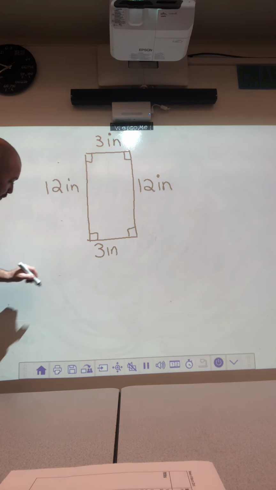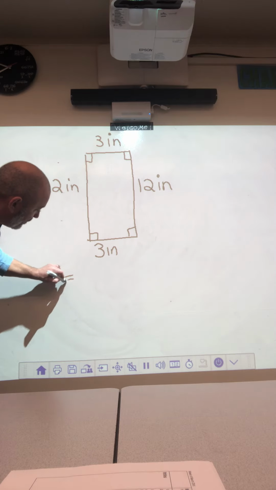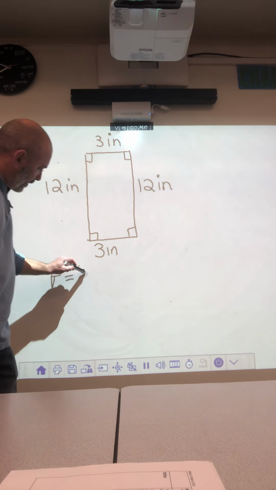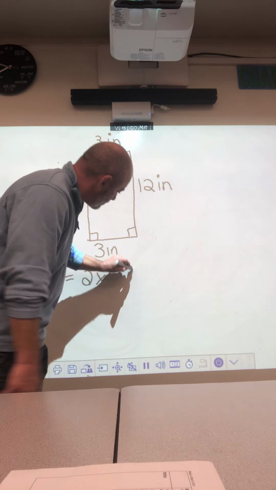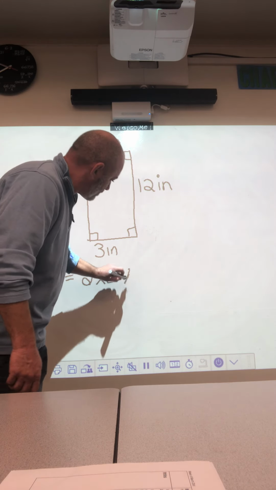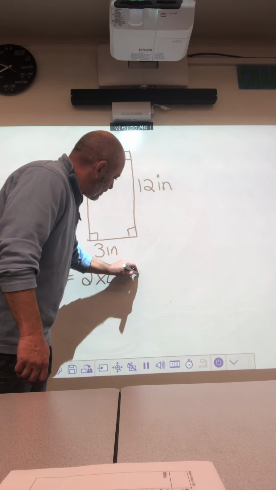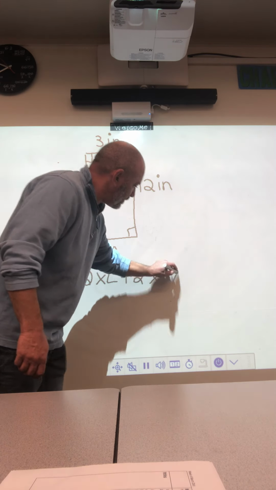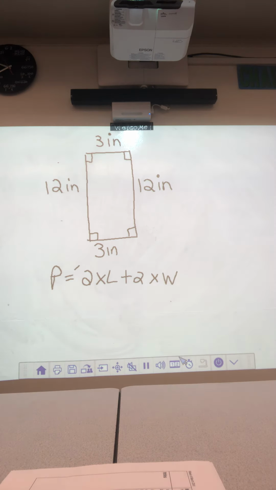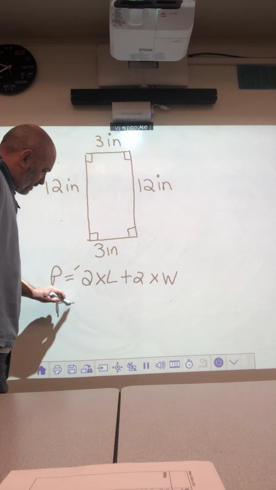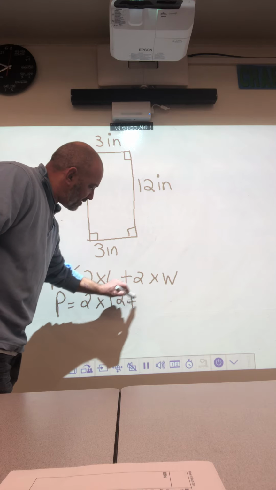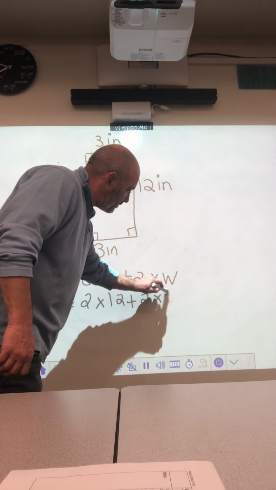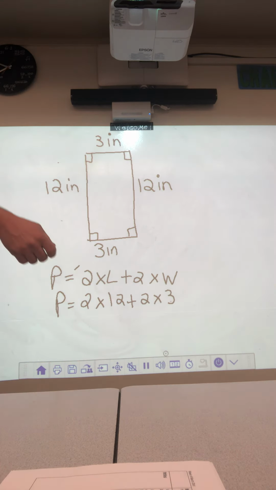So again, we're finding perimeter. P equals perimeter, and we're going to write out our formula again. 2 times the length plus 2 times the width. P equals 2 times 12 plus 2 times 3.